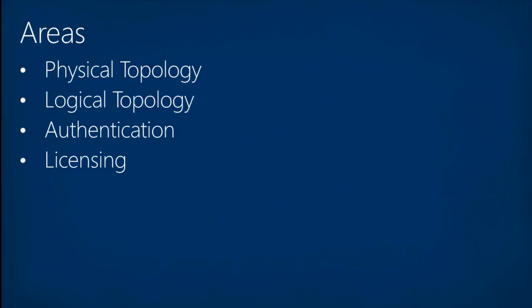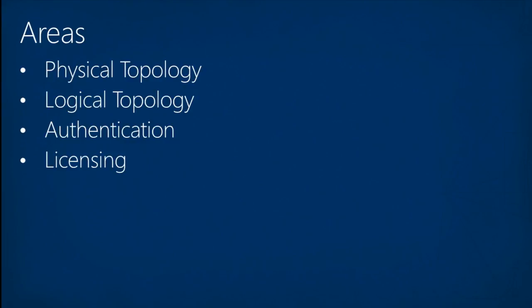And then we will talk about authentication, what things you should consider from the authentication standpoint in order to be ready for the new 2013 functionalities that have been provided. And then we will talk about the new licensing feature that will help you, or actually helps you right now, to reduce your COGS and operations of your farms by being able to have more flexible licensing features and functionalities in the product.